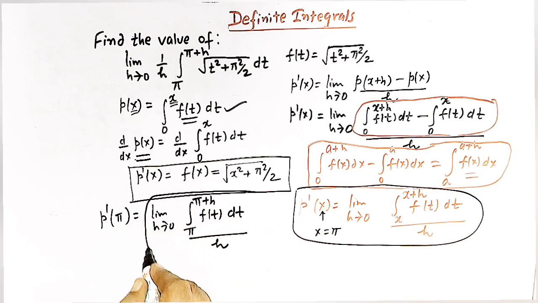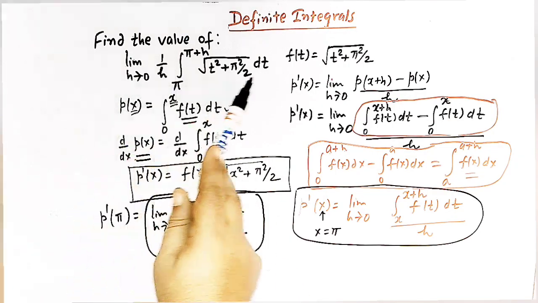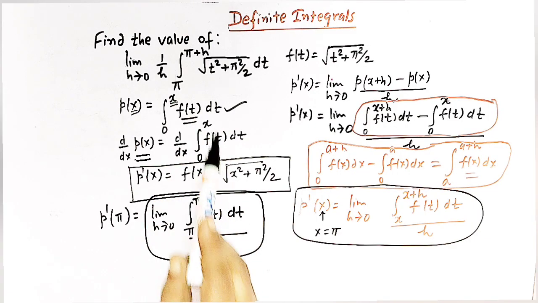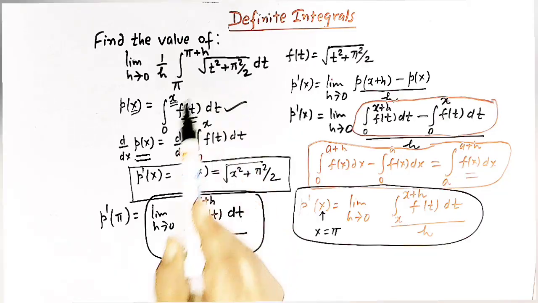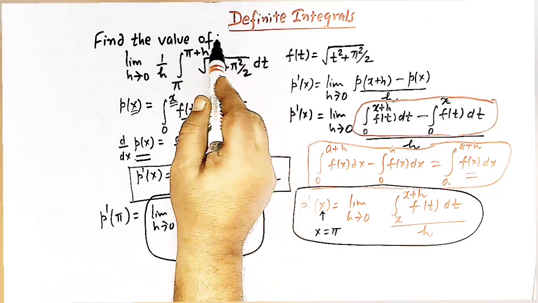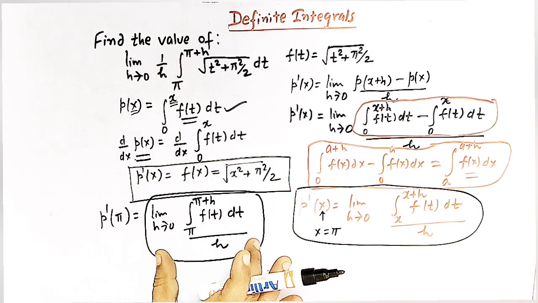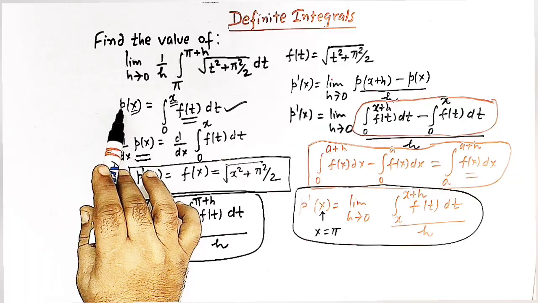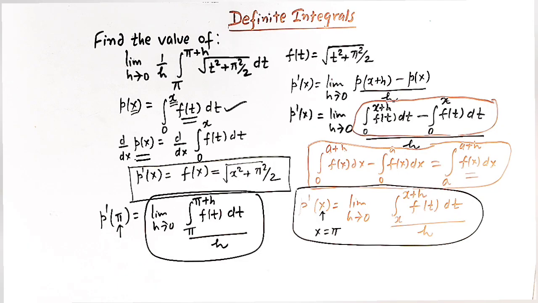And this expression is the expression whose value is to be calculated, right? And for f of t we have square root of t square plus pi square over 2, right? So we have obtained this expression, and this expression is equal to the derivative of the function p of x at this point, that is pi.